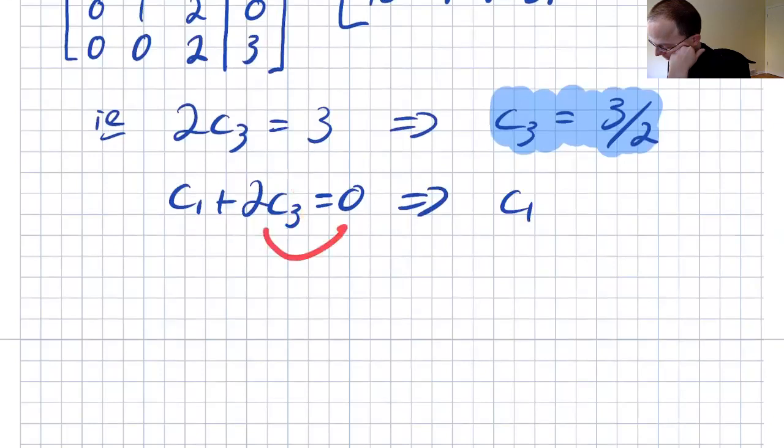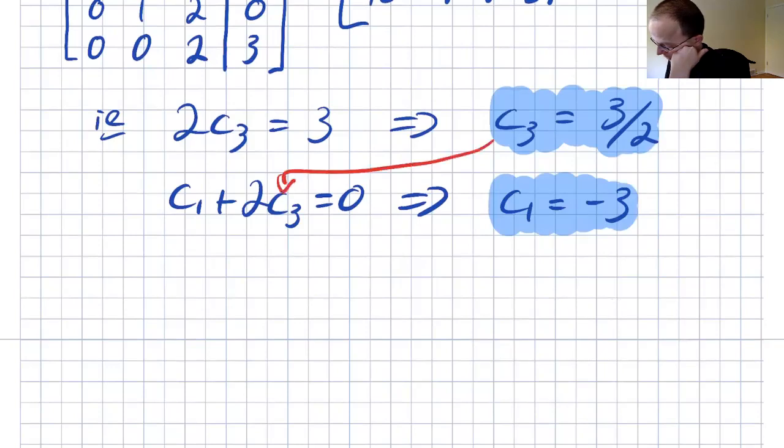And then I'll just move that over there, and I'll get -3. Sorry, I'm skipping some steps there, but it's just substitute the C3 in over there. So I substitute this into there, and I get C2 is equal to -3. Okay, so hopefully that's easy to follow.